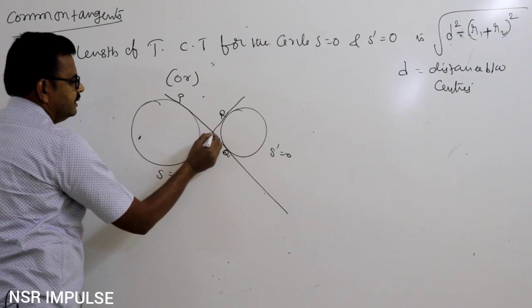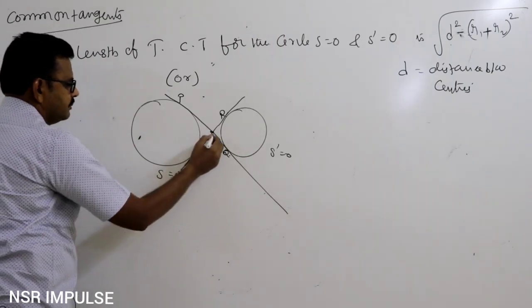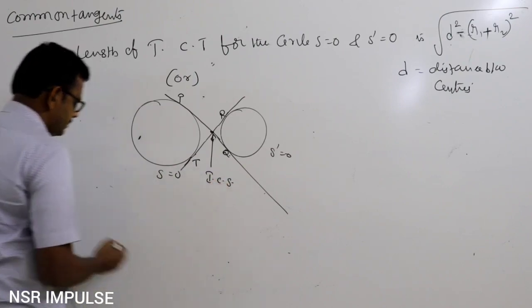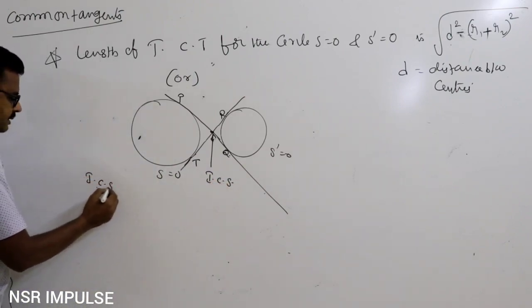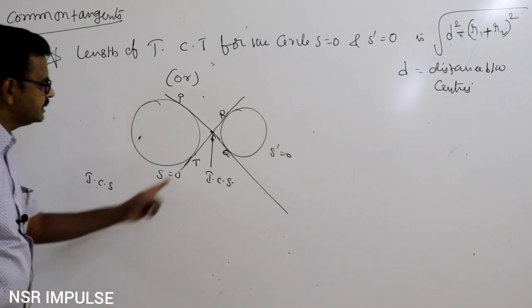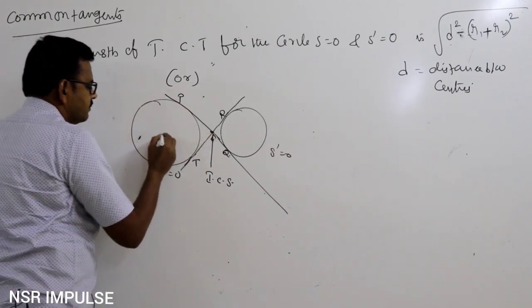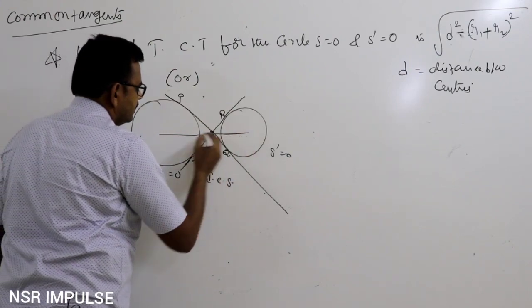First of all, find this point, which is the internal center of similitude. The ICS divides C1 C2 in the ratio R1 is to R2 internally.